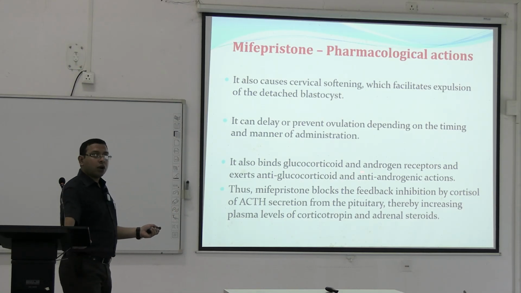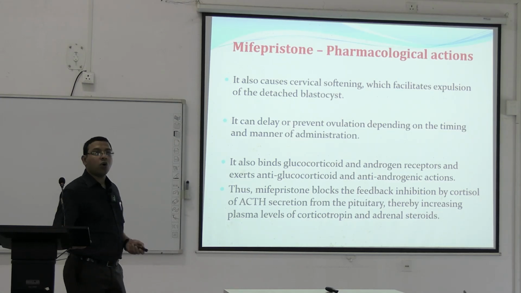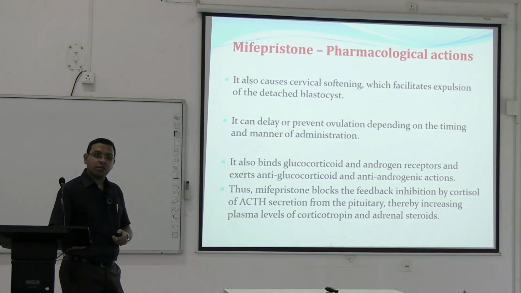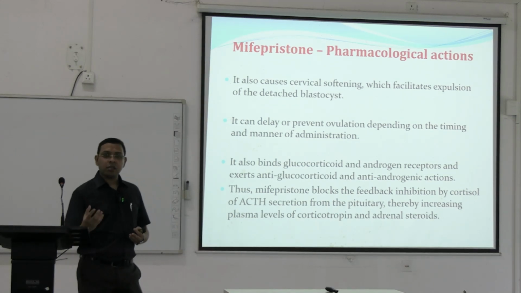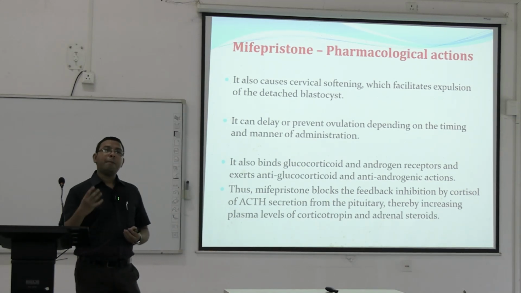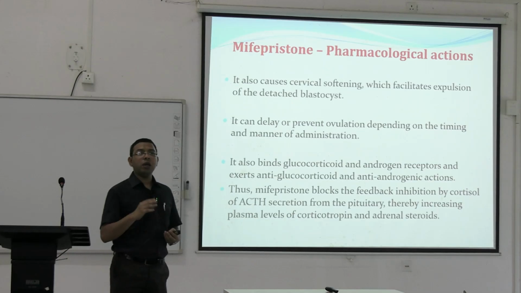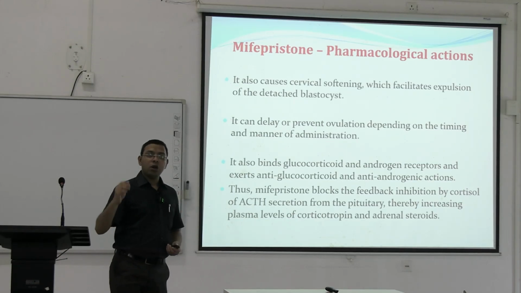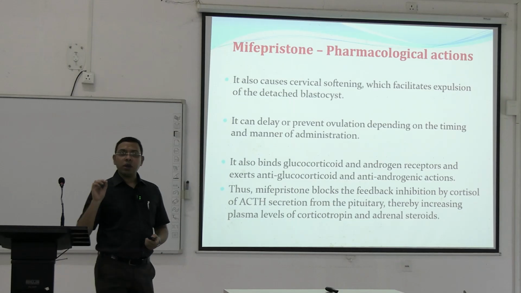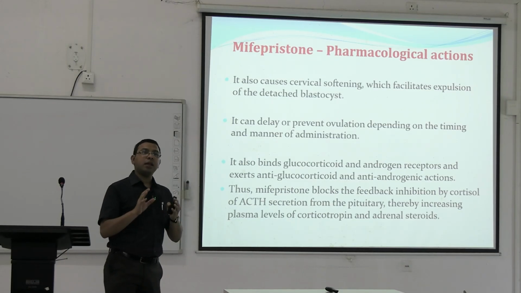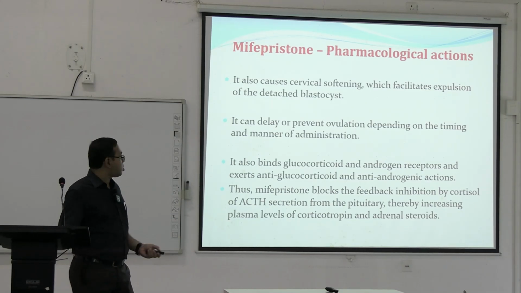It also binds the glucocorticoid and androgen receptors and exerts some anti-glucocorticoid and anti-androgenic actions. So it has progesterone receptor modulatory actions, mainly antiprogestational, but when there is no progesterone, it may act as a partial agonist to progesterone receptor alpha and beta. It acts as an anti-glucocorticoid hormone, and it has some anti-androgenic actions also.